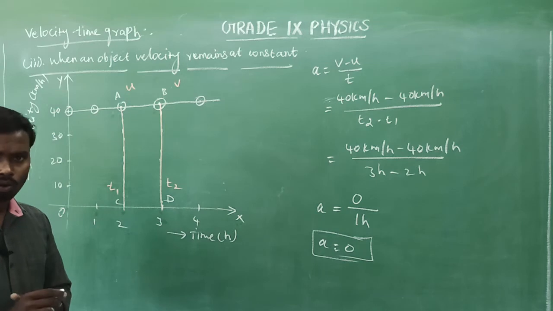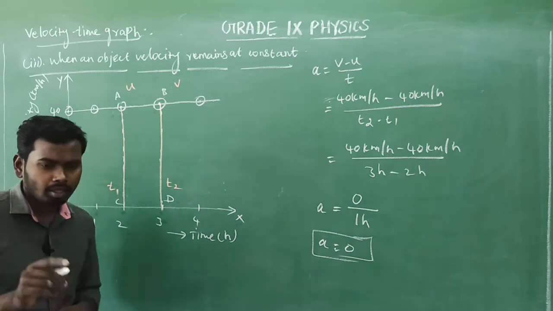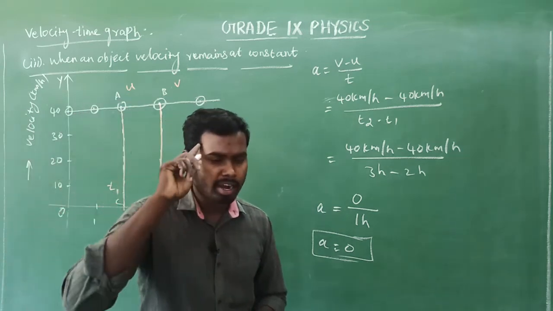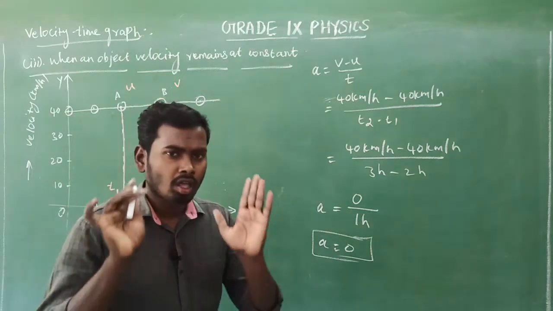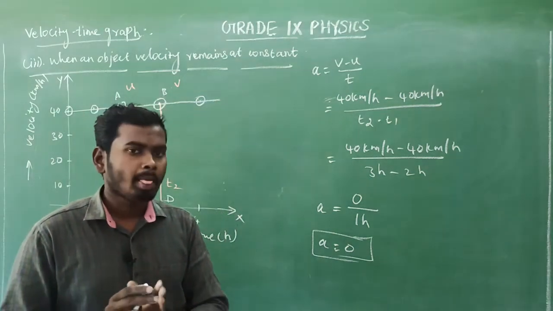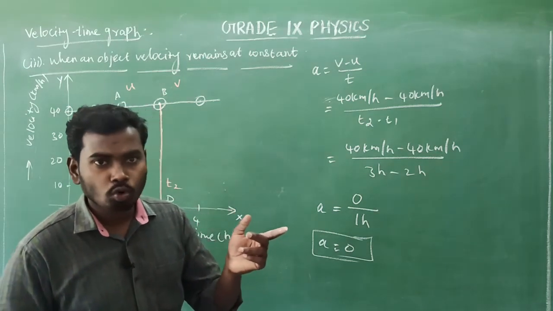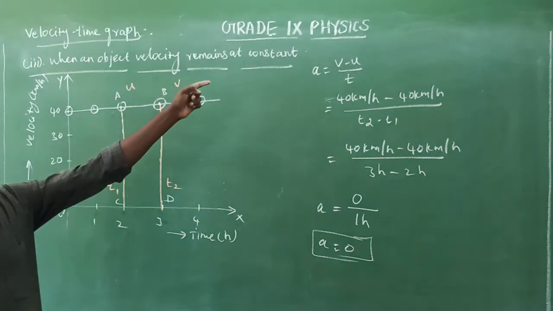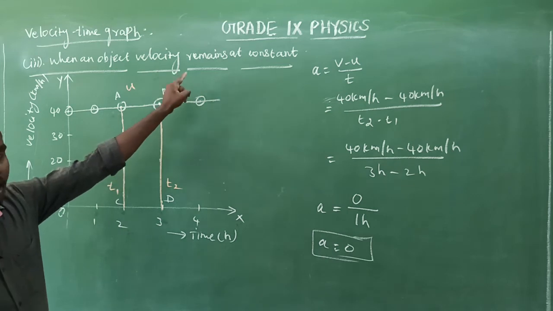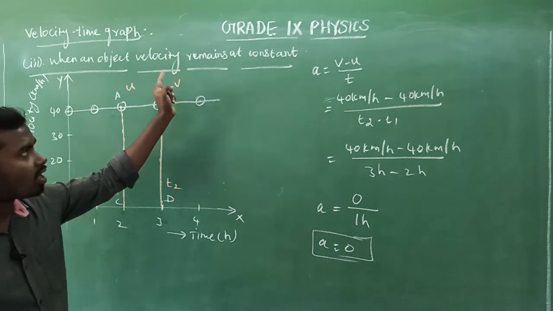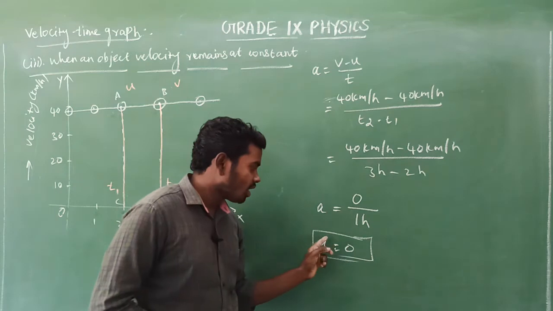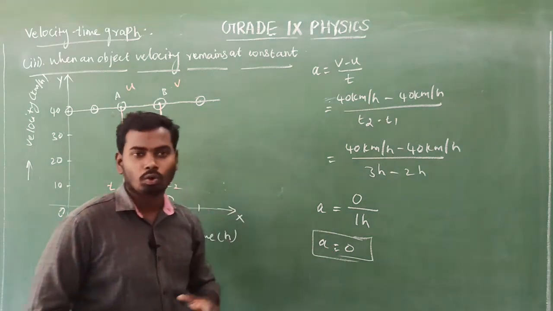What is the conclusion? Note this point, very important. Whenever an object moves with constant speed, or otherwise we can say constant velocity, the acceleration of the object is 0.